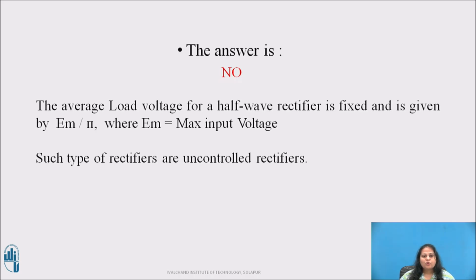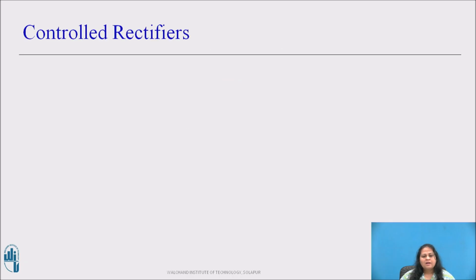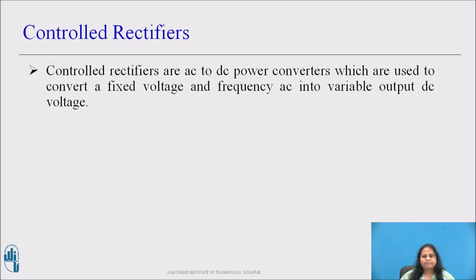The average load voltage for a half wave rectifier is fixed and is given by Em by pi, where Em is maximum input voltage, and such type of rectifiers are therefore known as uncontrolled rectifiers. Let us now discuss what are controlled rectifiers.